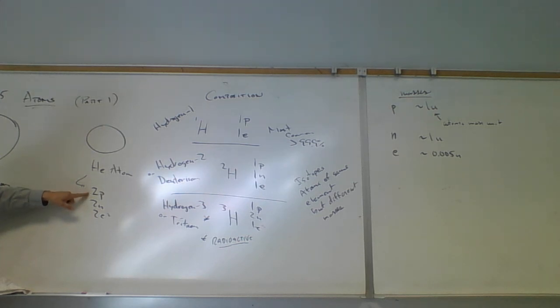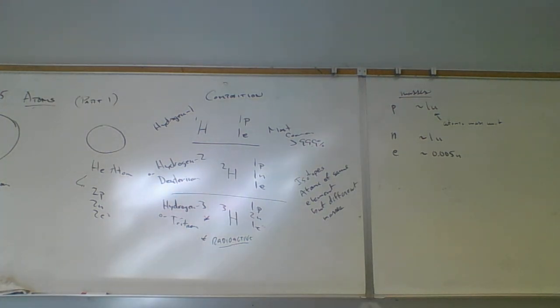And so this one would weigh about 4 compared to the hydrogen. So helium weighs more, but there has to be something more to it. Well, yeah, there is. It has a different number of protons. Now, how does the number of protons impact its chemical behavior? Well, that's something we need to figure out as we go along. But right now, we're just taking random observations and trying to piece together something.